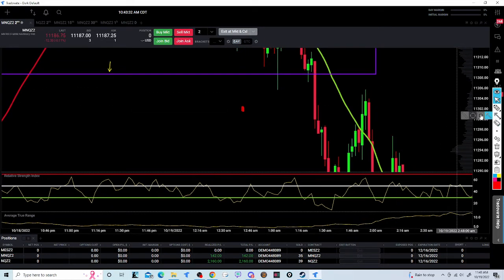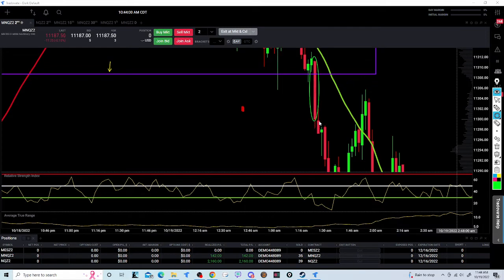This is your entry candle. This is your entry candle because it closed outside of the range. Forgive me, that's not your entry candle. That's the candle that closed outside of the range.